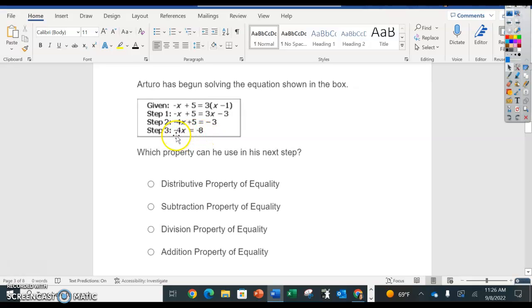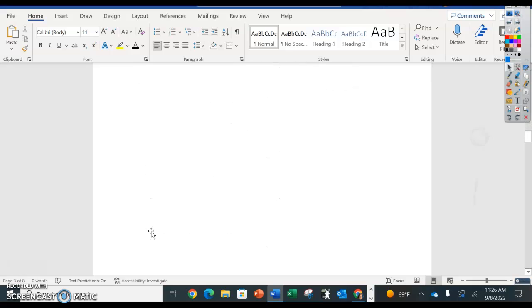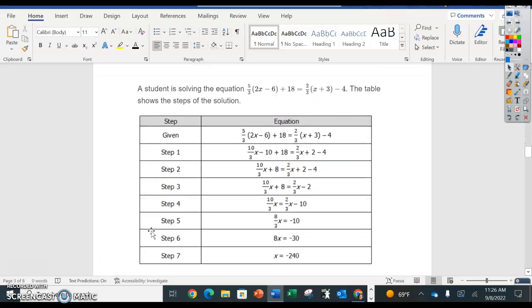The next step would be to divide both sides by -4 because you're trying to solve for x. To get x by itself means you would solve. So that would be division property of equality. So you've got distributive, subtraction, division, and addition. The next step would be divide by -4. So division would be the correct answer there.